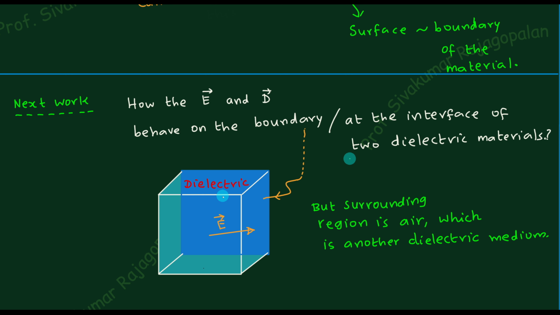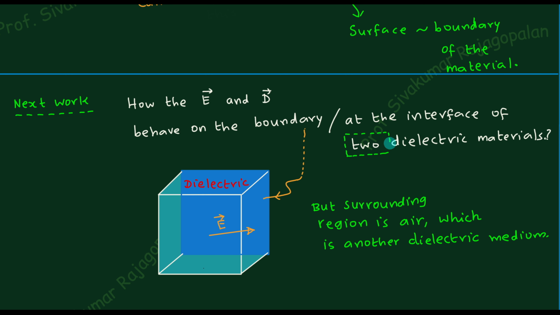So you are going to consider only a single material. But what happens is that a second dielectric material is naturally present. What is that? It is air. Because you are going to keep this dielectric material in the surroundings, and in the surrounding region air is naturally present. You are not going to evacuate it. And air happens to be a natural dielectric medium. Therefore, you are going to get two dielectric materials. That is what I am trying to explain. The two here.